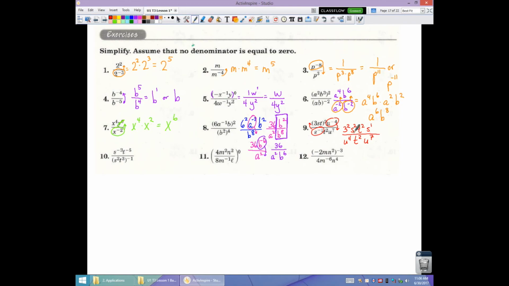In the numerator, I have s squared times s, so that's s to the 3rd, and I have a t squared. In the denominator, I can put together these u to the 4th and u to the 7th to get u to the 11th, and then a t squared. I have t squared in the numerator and denominator, so those cancel. So I'm left with 3 squared s to the 3rd over u to the 11th, or 9s to the 3rd over u to the 11th.